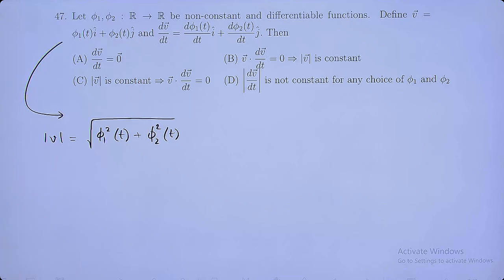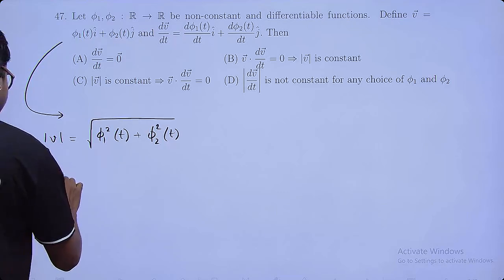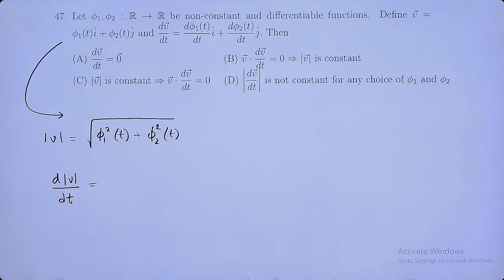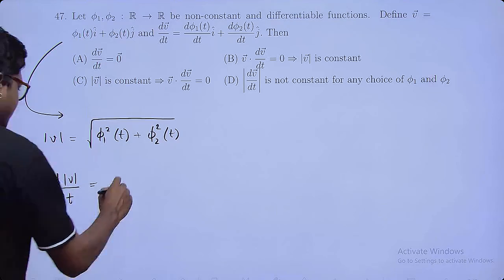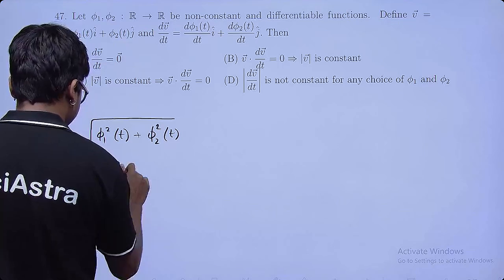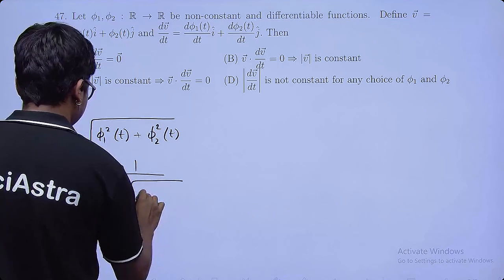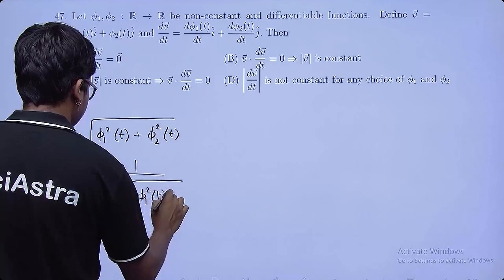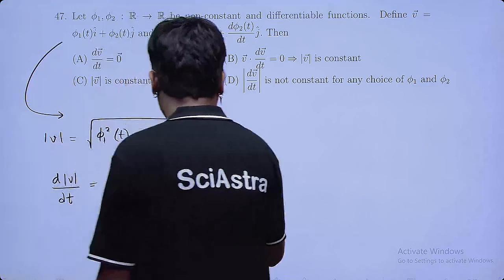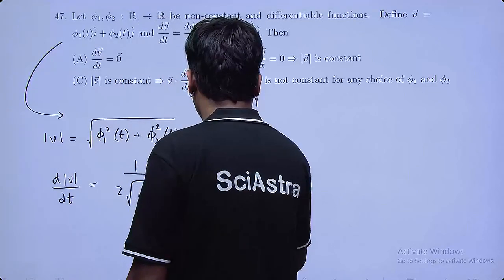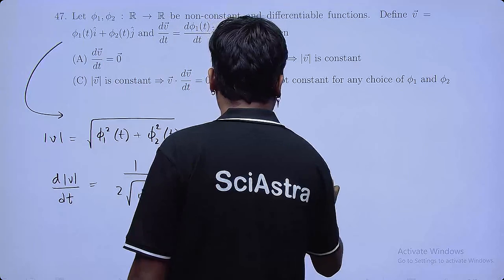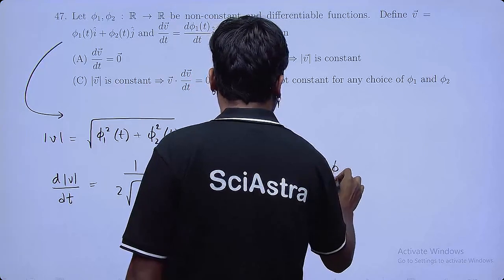Now if I differentiate this, what is this going to be? This is going to be 1 by 2 root of this thing, times the derivative of this, which is twice of phi1 t times phi1 prime t plus phi2 t times phi2 prime t, right?